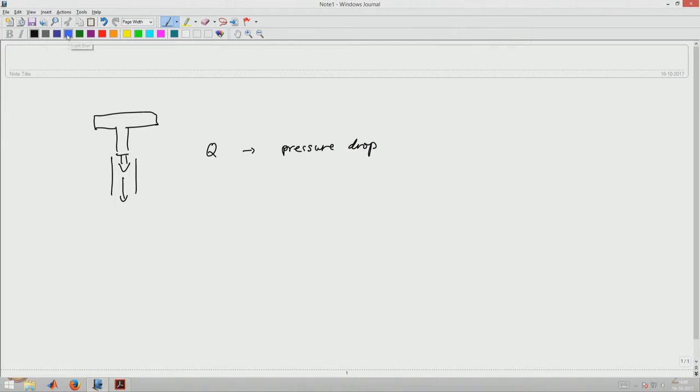The fluid is kept in the capillary, and then it is pressed using some weight. So, there is a weight placed. Because of this weight, there will be a pressure imposed on the fluid, and then we can measure the flow rate.